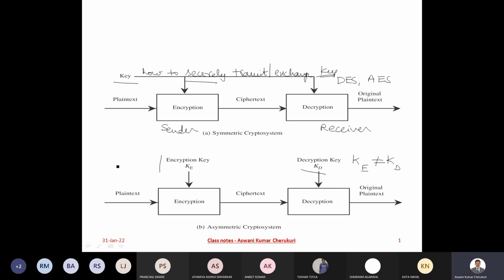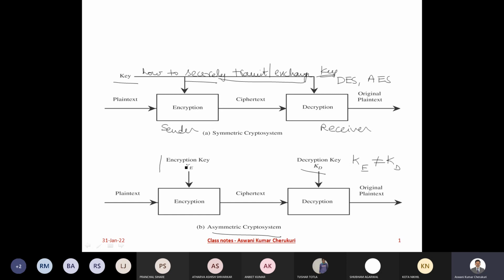No, sir. I don't require, because I am using one key for encryption purpose and a different key for decryption purpose. So I need not worry about securely transmitting the key. This type of scheme is called an asymmetric crypto system, where my encryption key is KE and my decryption key is KD, and KE is not equal to KD.